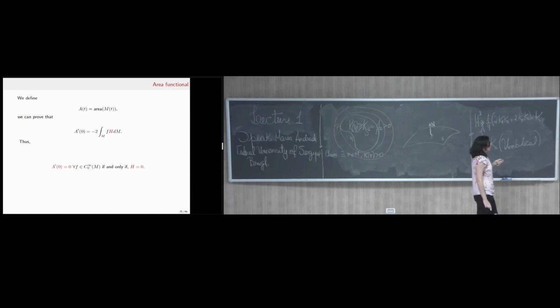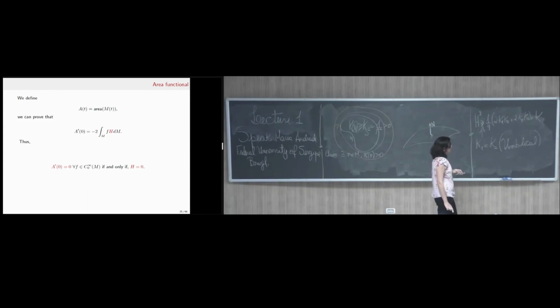This expression tells me that you have a critical point, for all functions in this set, if and only if the surface is minimal, okay, the mean curvature is equal to 0. So you have a variation of this functional, and you have characterized the surface with these critical points.